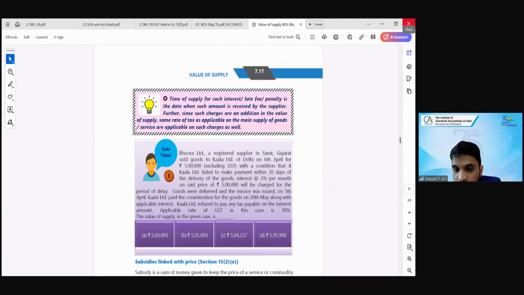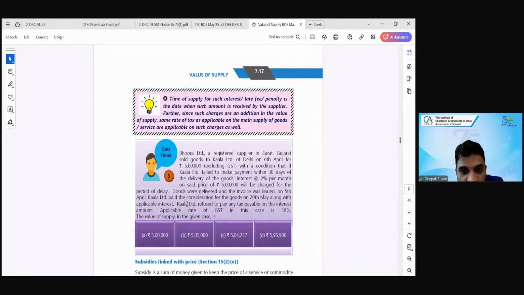Now, you have calculated interest on 5 lakhs at 2% for 1 month, but you have considered half the month. Yes, sir. Now, 5,000 is... you have done 80% of the steps correctly, that yes, you have calculated the interest.